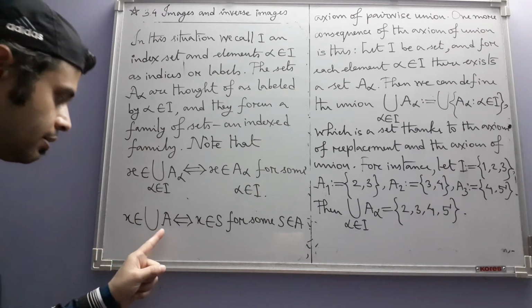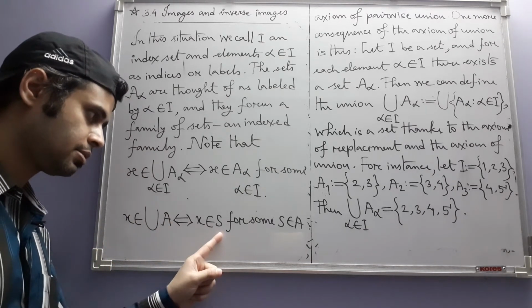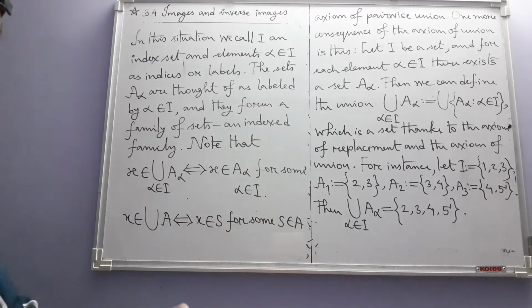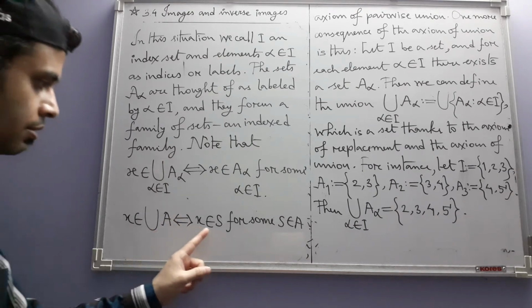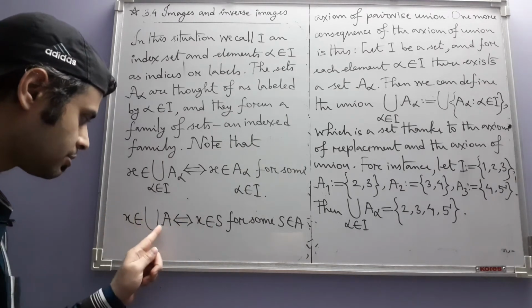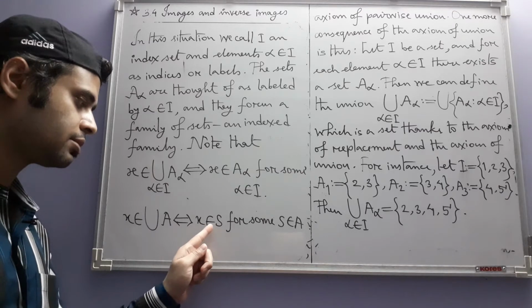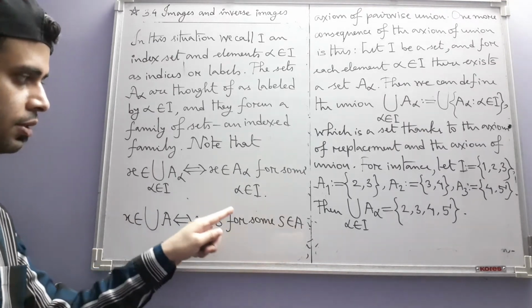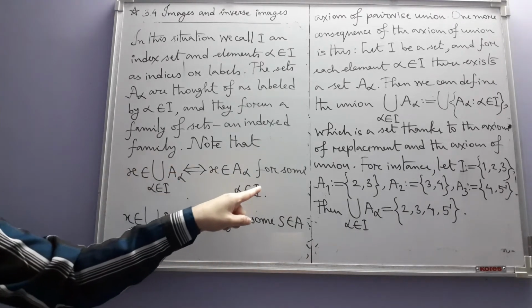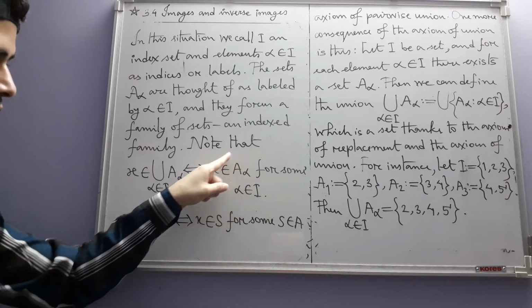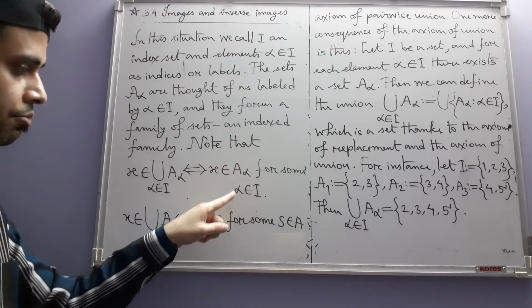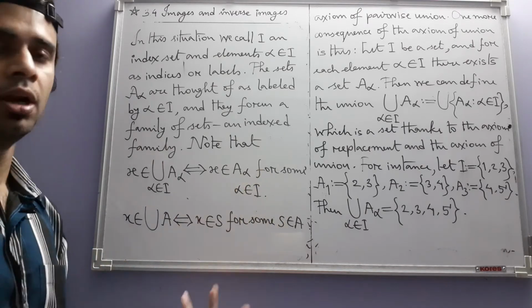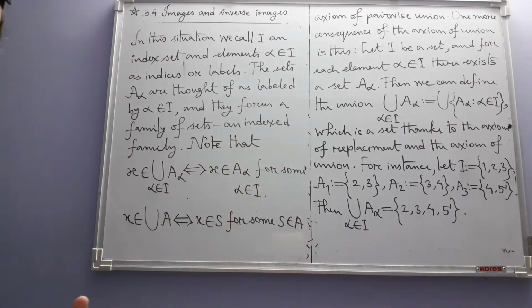The only thing is that the sets S that are elements in A here are nameless or labelless. So that means X belongs to this union if and only if X belongs to at least one set in this set. Here that same thing is being said, only now since the sets have labels, instead of talking about the set itself, we are bringing in the label, for some label alpha in I. That's all.